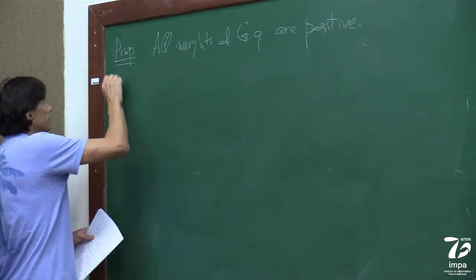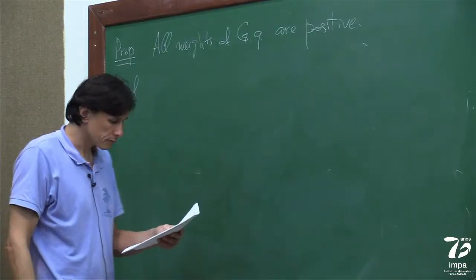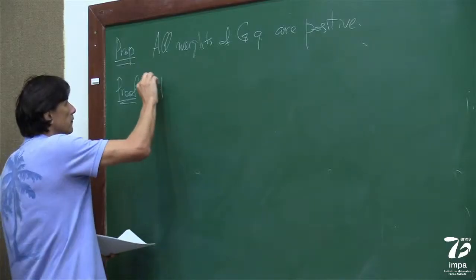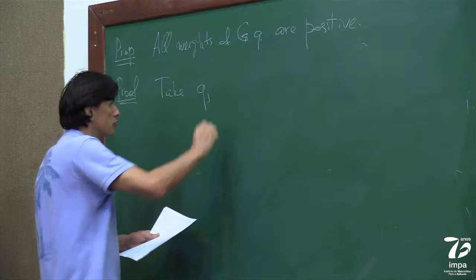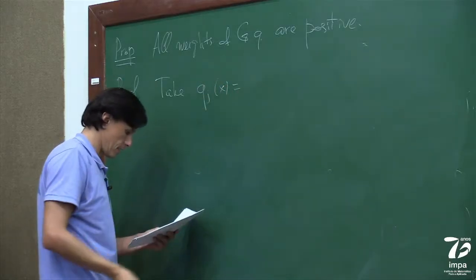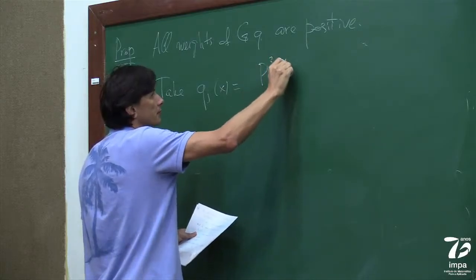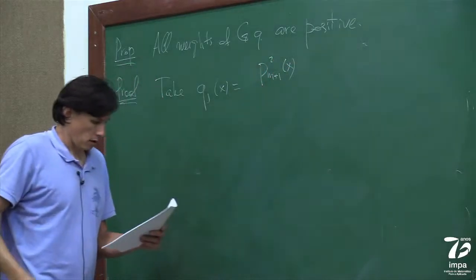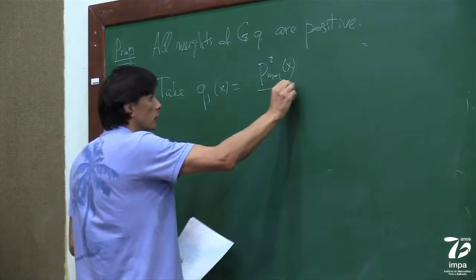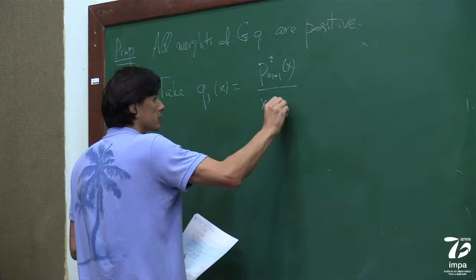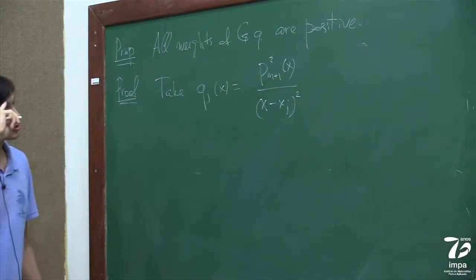The proof: how you prove it, you take a special polynomial. Take polynomial Qj as Pm plus 1 squared. And it has a degree a bit too much, so we divide by (x minus xj) squared. And this division is exact because xj is a root.